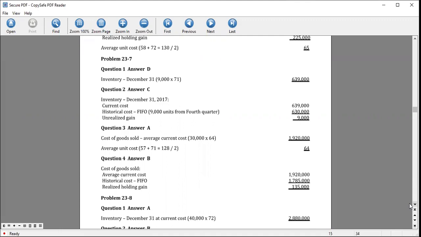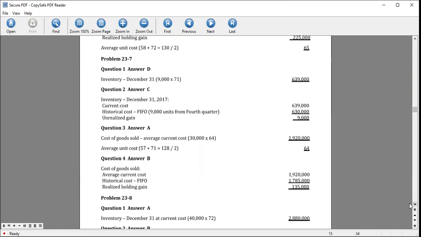630,000. That's the total goods available for sale. So you'll get 2,415,000 and you deduct 630,000, your historical cost, 9,000 units in the inventory end. So you get the amount of 1,785,000.